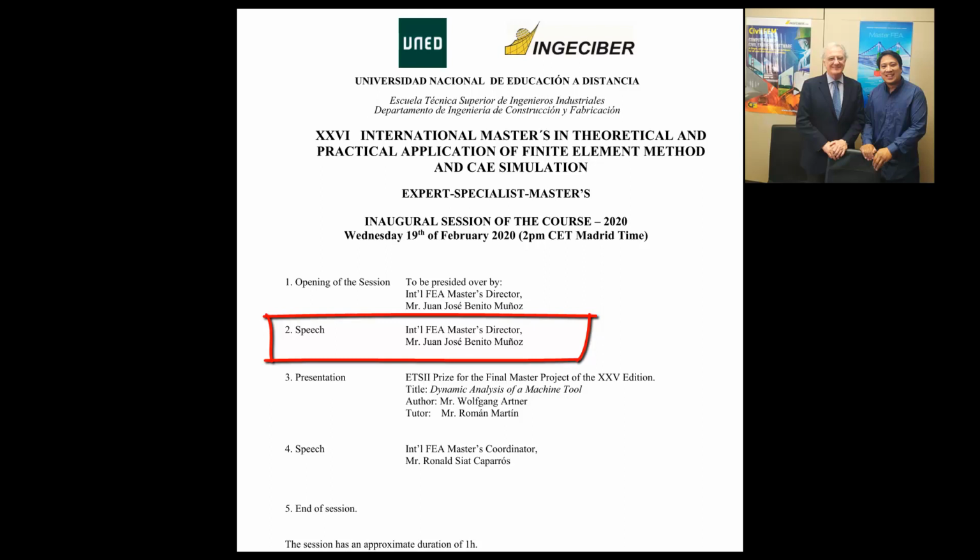Moreover, the balance between theory and practice with a commercial code like ANSYS was novel and attractive. Since then, new modules have been incorporated. The first 3 morphed into 5 the second year, and today we currently have 15 modules and new commercial codes to carry out practical exercises. The distance learning model eliminates geographical barriers. 9 years ago, due to demand, we decided to add an English version in a clear bid to internationalize the course.